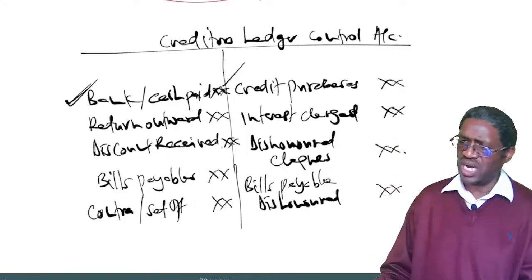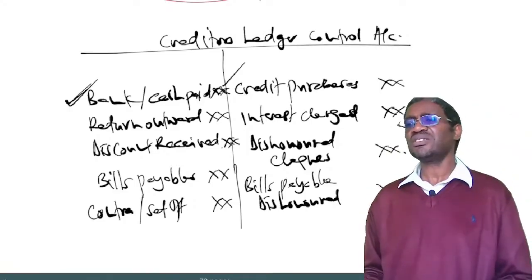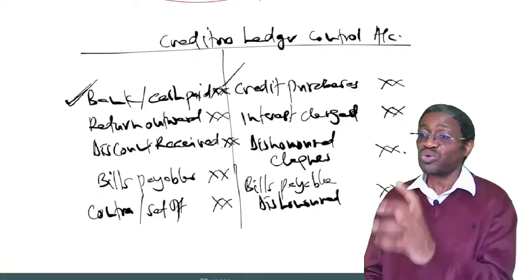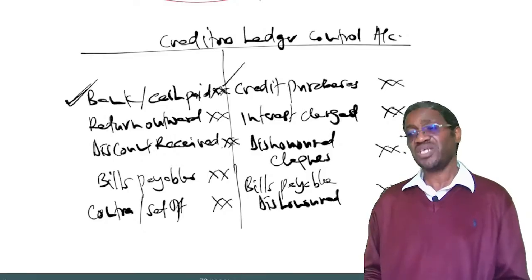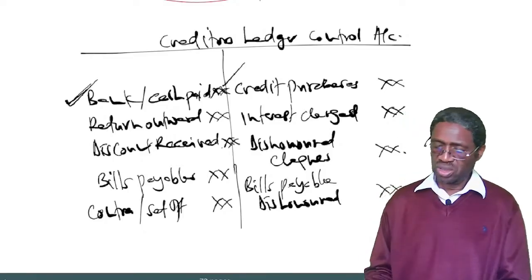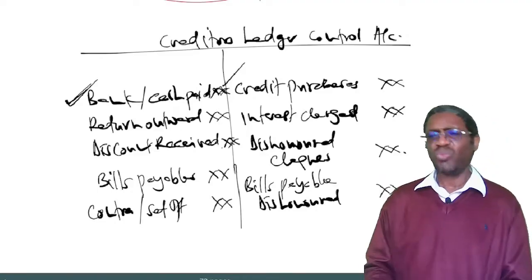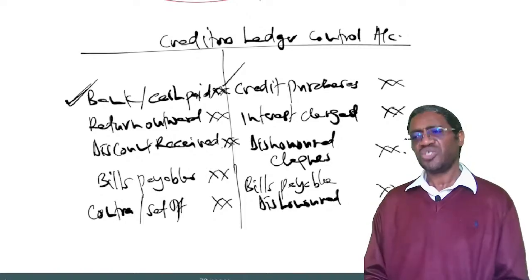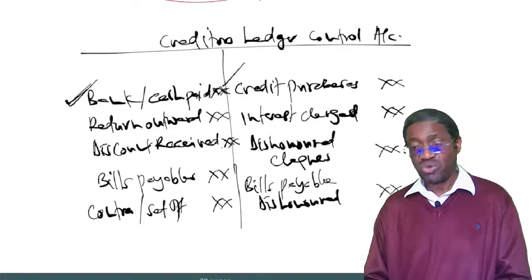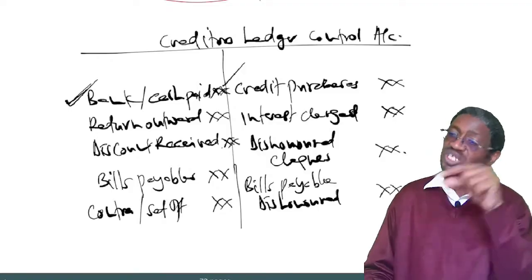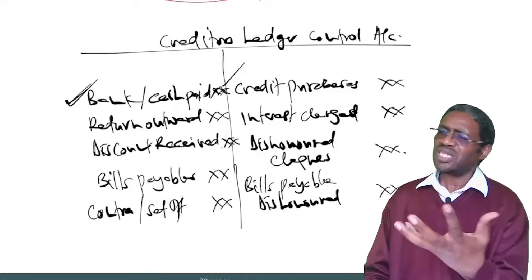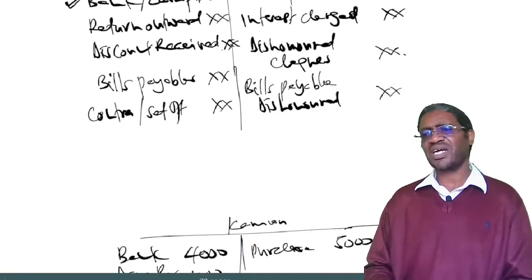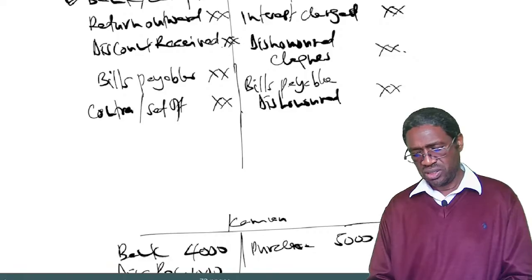But for whatever reason now, Wekesa is required to refund you that money. You have paid them, now they are refunding to you. To refund you that amount, will you debit this creditor's account or will you credit? It is obvious you will have to credit, because when you paid them, you reduced what you owe them. Now that they are refunding to you, any refund from creditors becomes a credit.